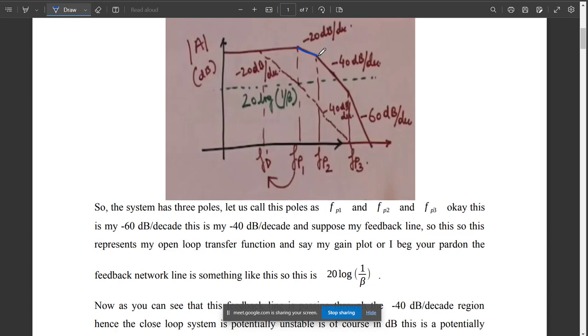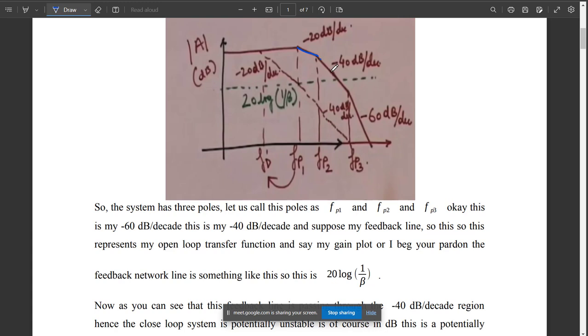But when the system goes from minus 90 degree, the phase can go above minus 180 degree. Now when the phase can go above minus 180 degree, it means that the system can become unstable. So for a system which has more than two poles, the system can become unstable.